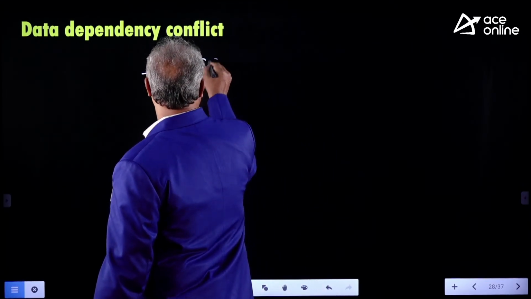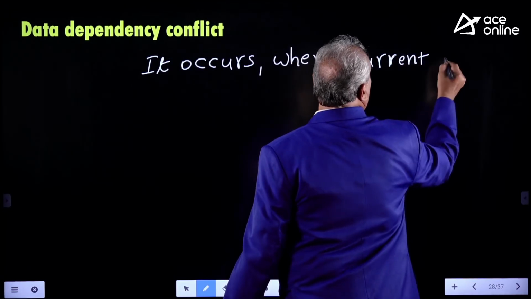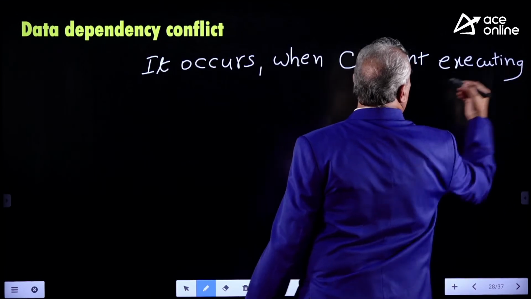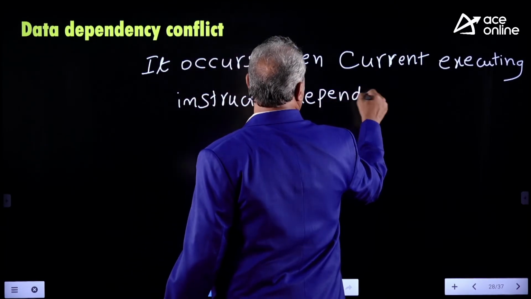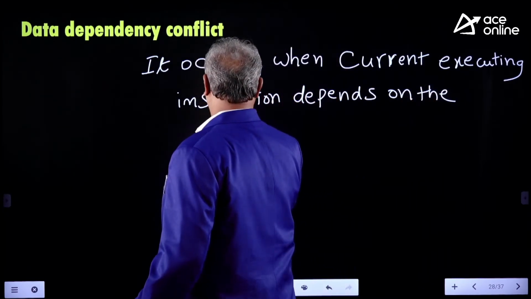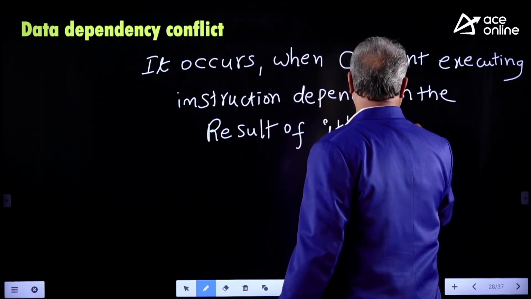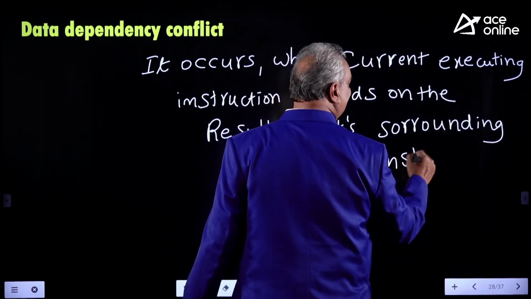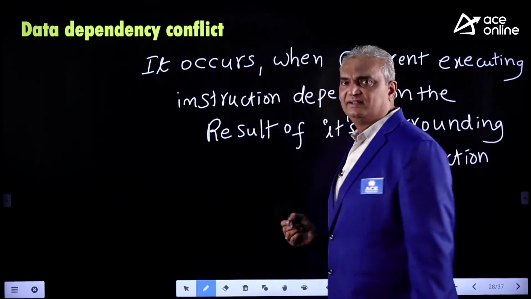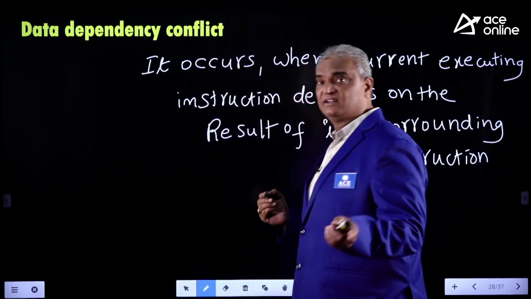Next, data dependency conflict. It occurs when the currently executing instruction depends on the result of its surrounding instructions and the result is not yet available.